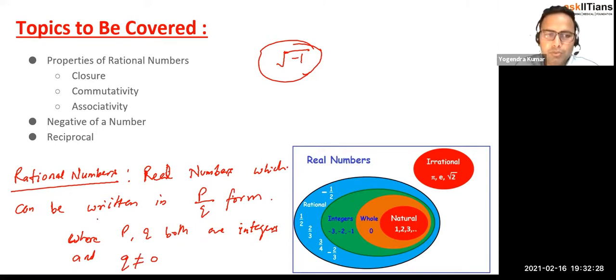So this is what you need to remember. So rational numbers are those numbers which can be written in the p by q form.